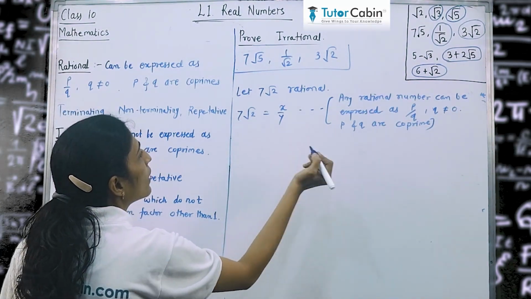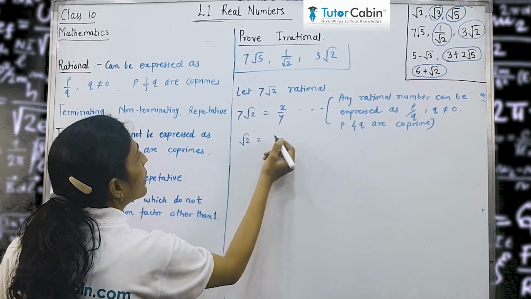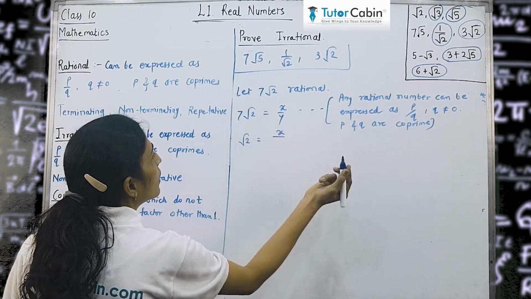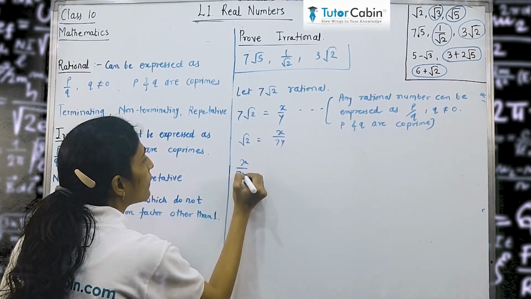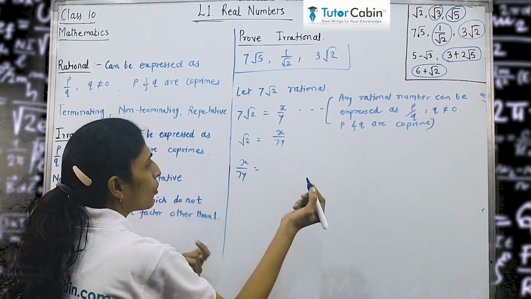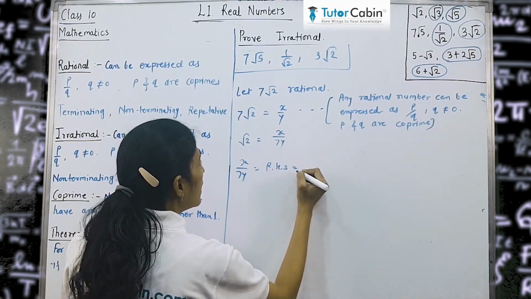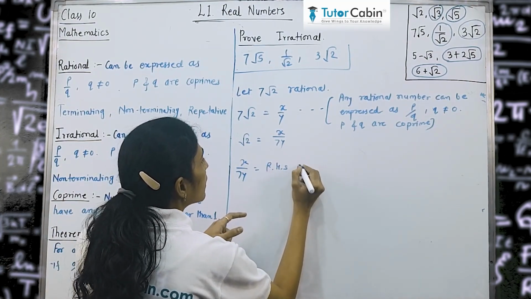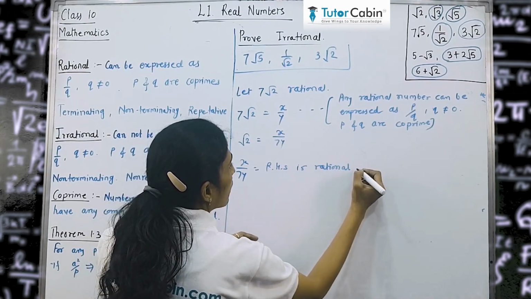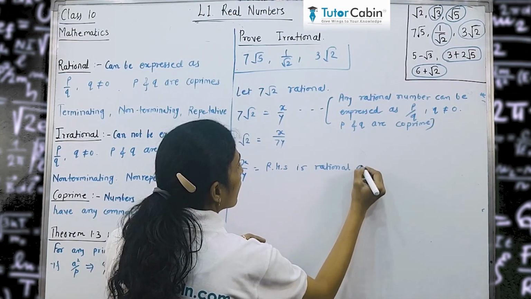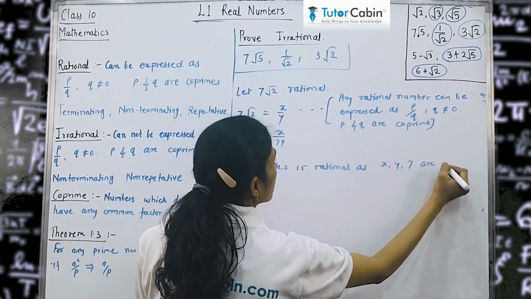7 root 2 is equal to x by y. So what can I do? Take the 7 to the right hand side, 7y. Now what can I say? That x upon 7y, the right hand side of the equation, is rational, as x, y, 7 are integers.